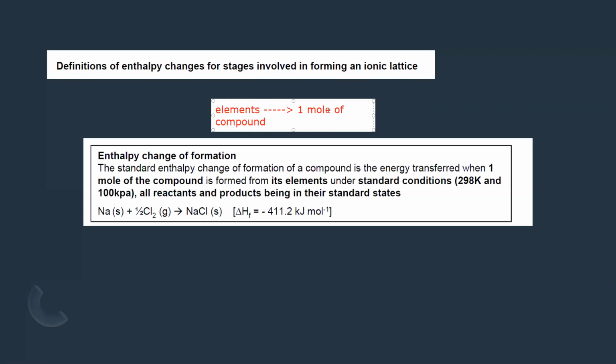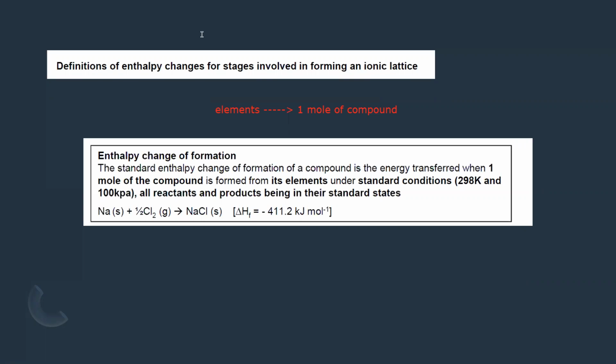What are standard conditions? 25 degrees centigrade or 298 Kelvin and 1 atmospheric pressure. When the compound is formed under these conditions, the energy which is released or absorbed is known as enthalpy of formation.